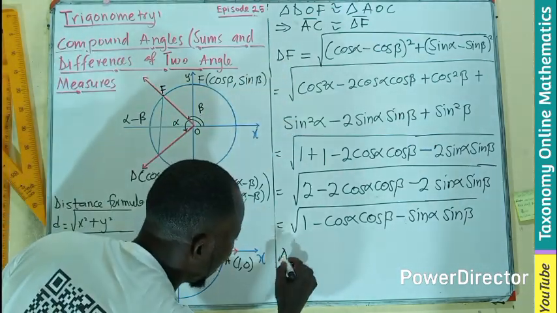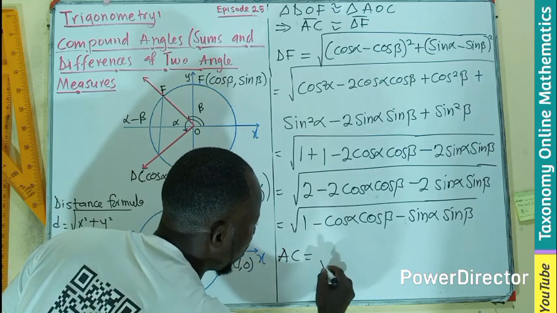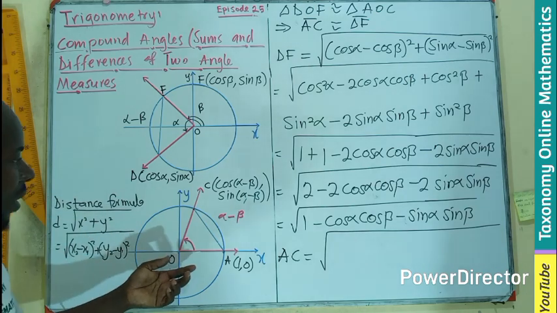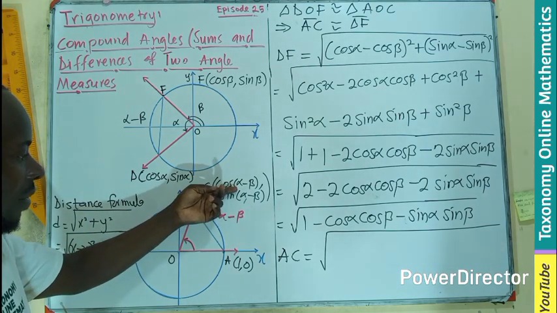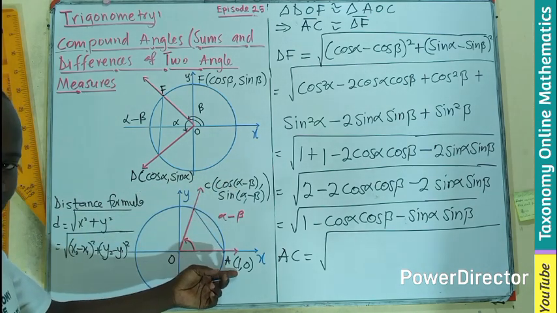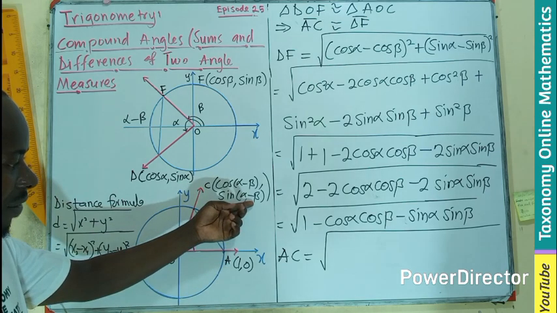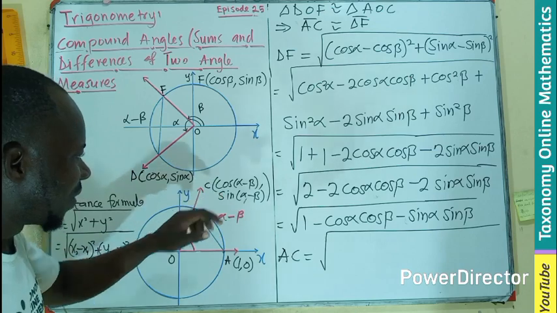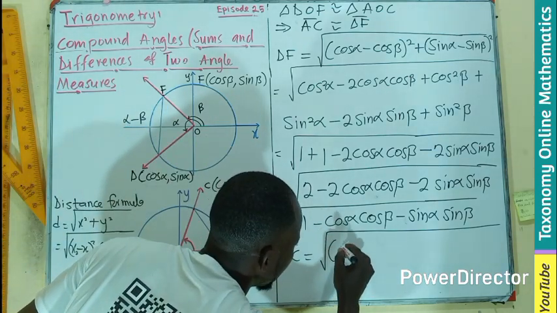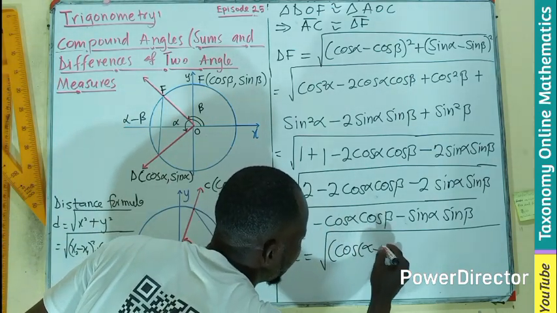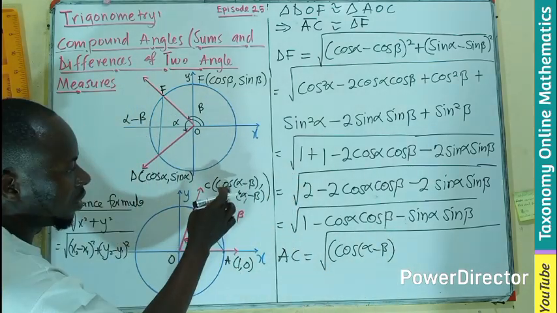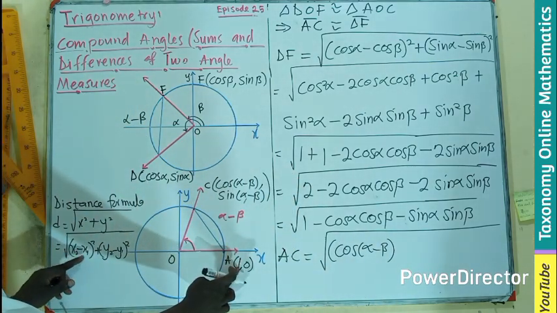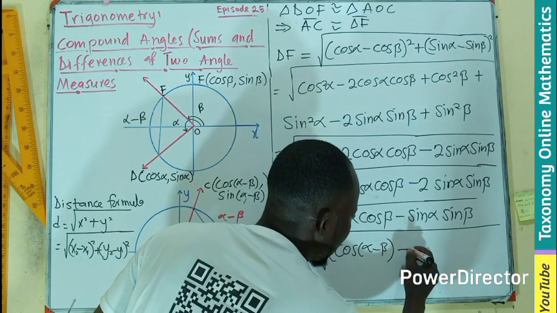AC. So the length of AC will also follow the same approach, which is we need to look at this minus this. Do you get that? And this minus this, all square, as we are picking from here. So picking the first one should be cos of alpha minus beta, this, minus the first x1, x2, so minus 1.